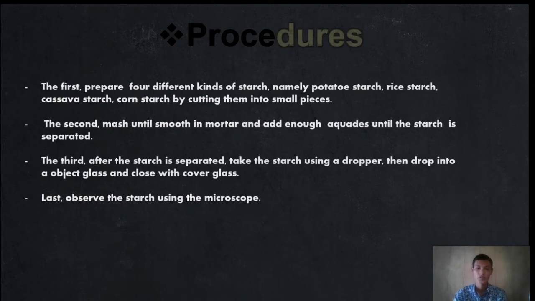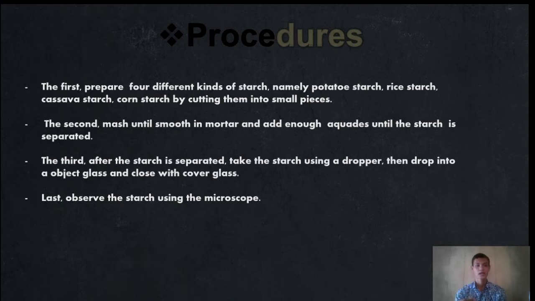The next is procedures. The first, prepare the different kinds of starch, namely potato starch, rice starch, cassava starch, and corn starch, by cutting them into small pieces. The second, mash until smooth in a mortar and add enough water until the starch is separated.